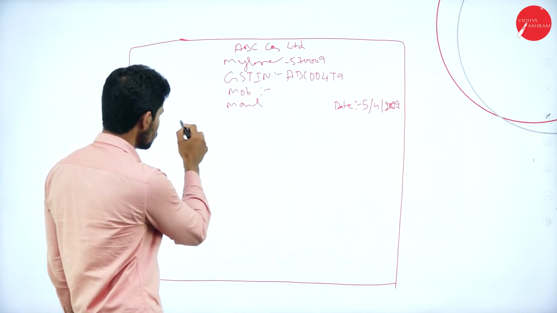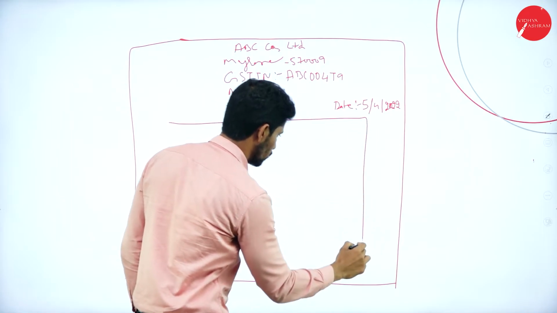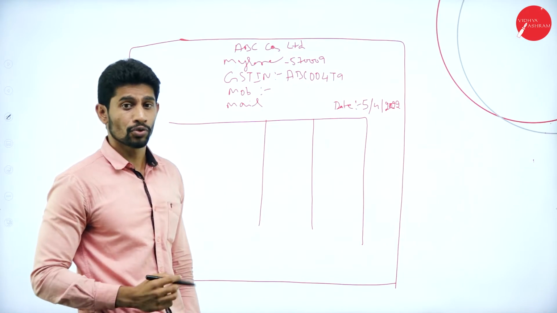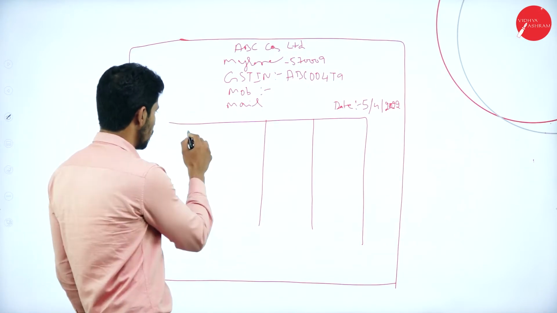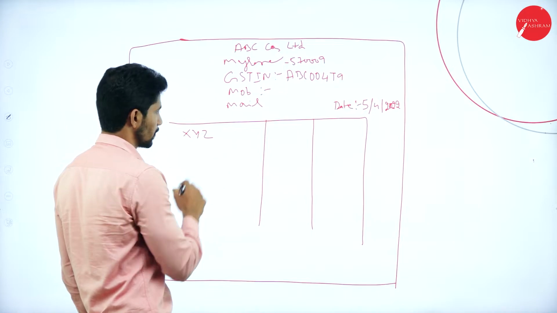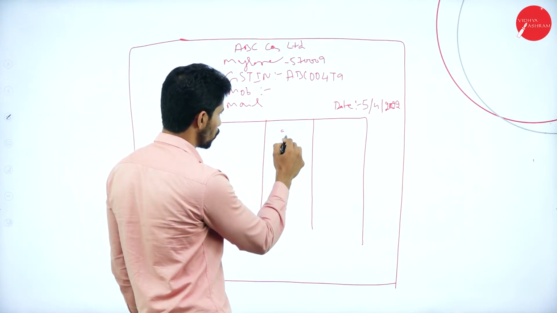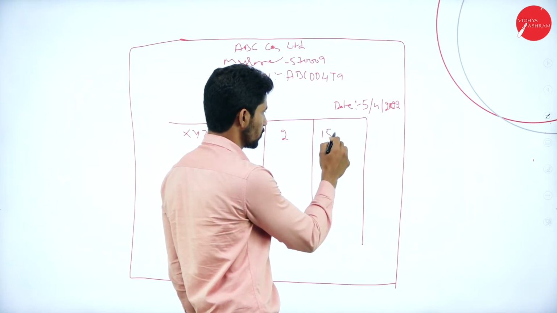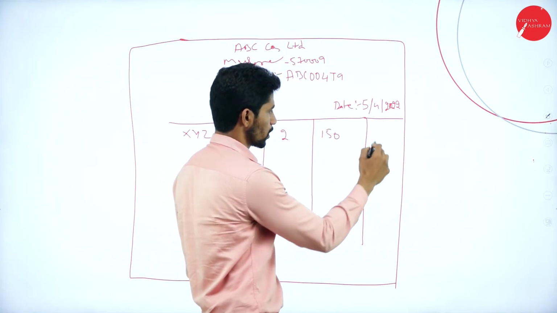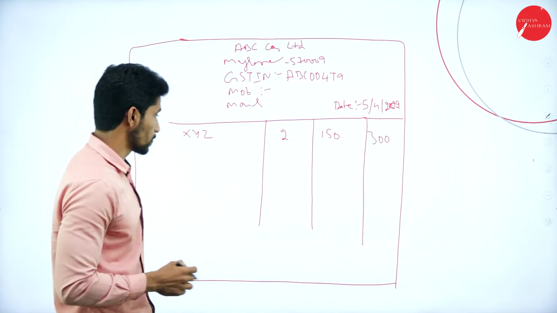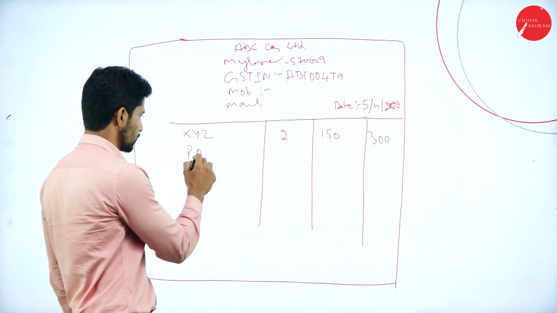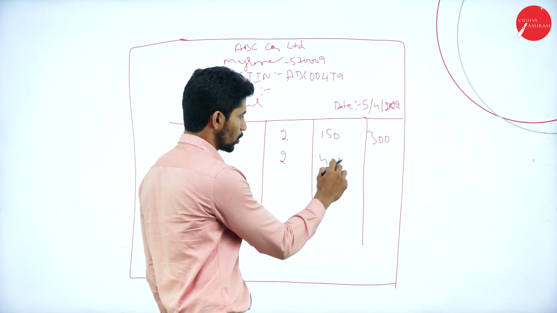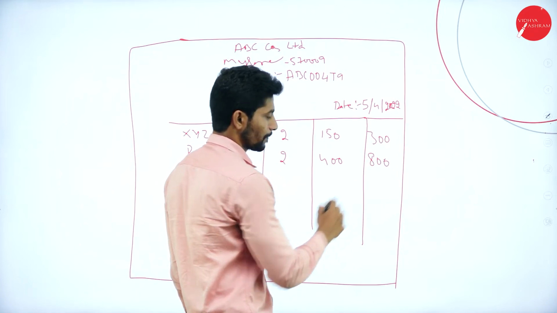Next, they are supposed to give the information about the product, what product they are selling. Suppose XYZ product, they are selling 2 units, and each unit costs say 150 rupees, so the total comes to 300. They are also selling PQR product, 2 units, each unit costs 400, total comes to 800.